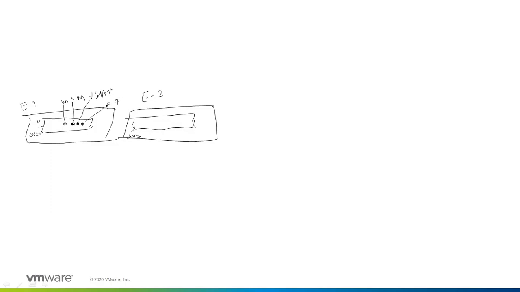Same way, for the second ESXi, you have to create its ports: management, vMotion, vSAN, FT. This is my virtual switch, but they are independent ports.